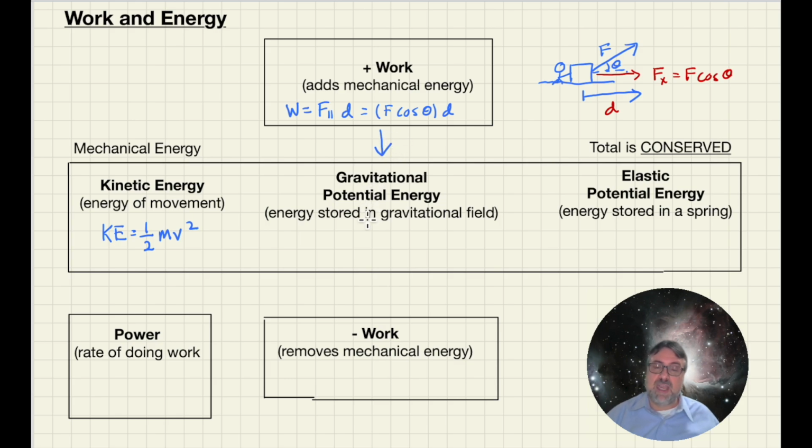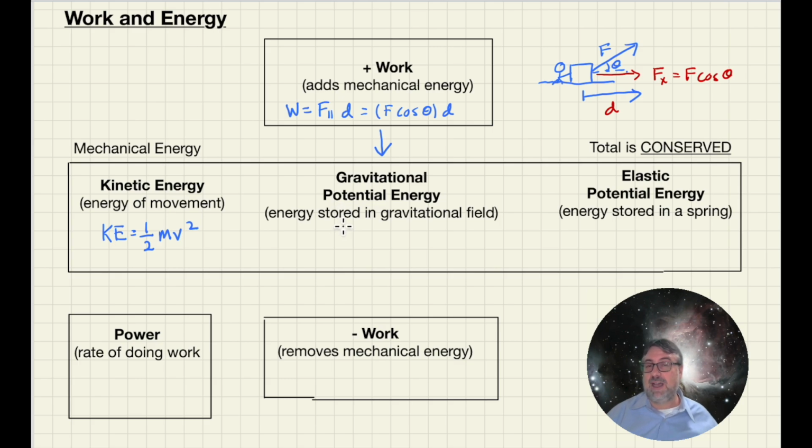Another energy that we can add is gravitational energy. Now, gravitational energy is energy stored in a gravitational field. That is, when I do work on an object, I lift an object against the force of gravity, I am storing energy in the gravitational field. Now, often we simply consider this.